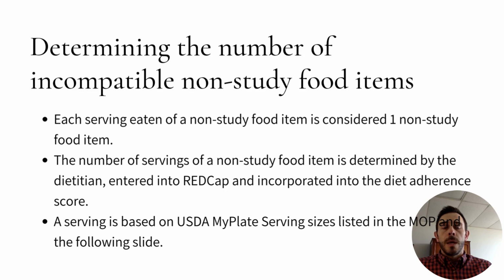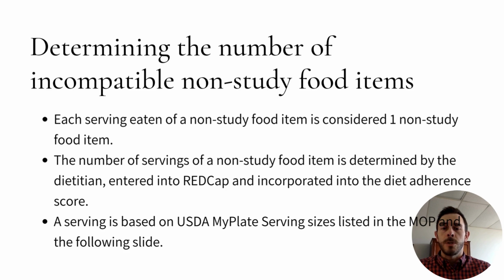So it's important for the staff to determine not only whether the non-study food reported by participants is diet compatible or incompatible, it's also important to determine the servings eaten of all of these non-study food items, because that figures into the adherence score, where one serving of a food is consistent with one non-study food item.